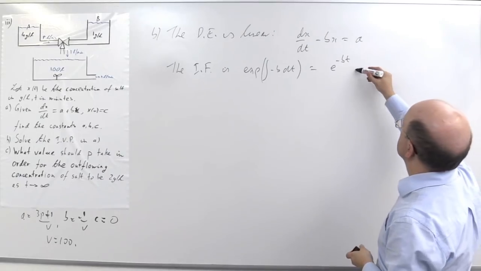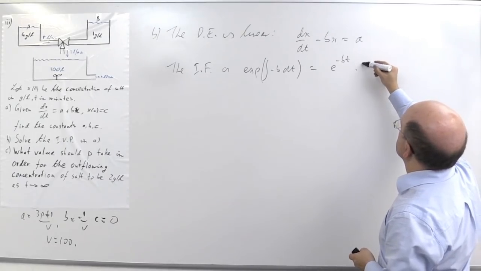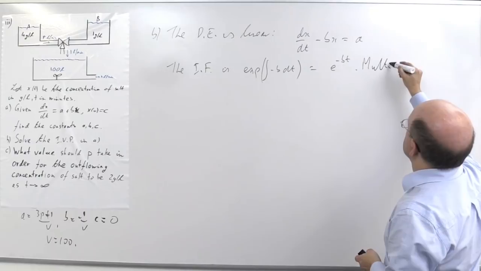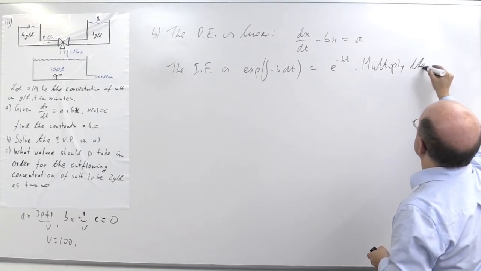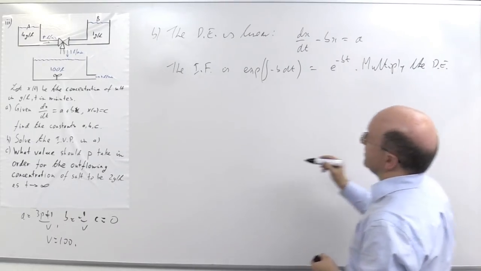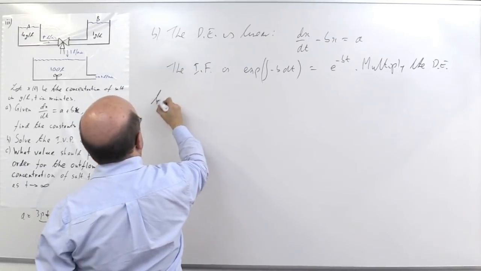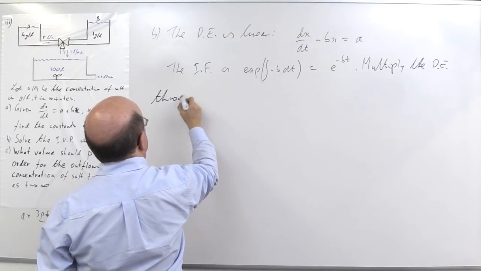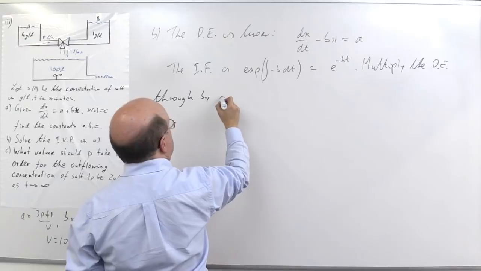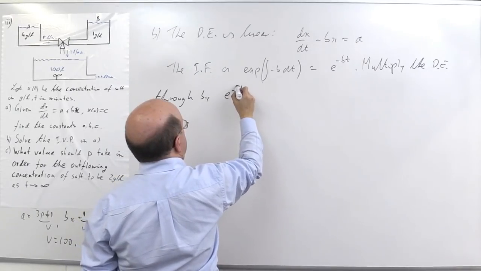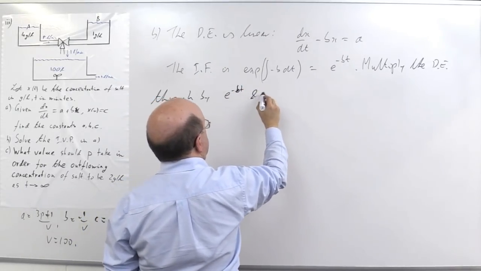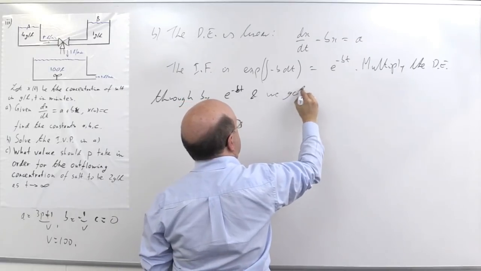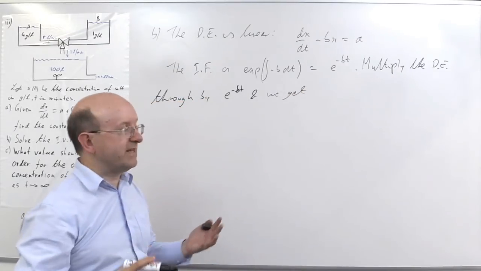Multiply through the differential equation through by e to the minus bt, and we get, well, it's the same trick as before.